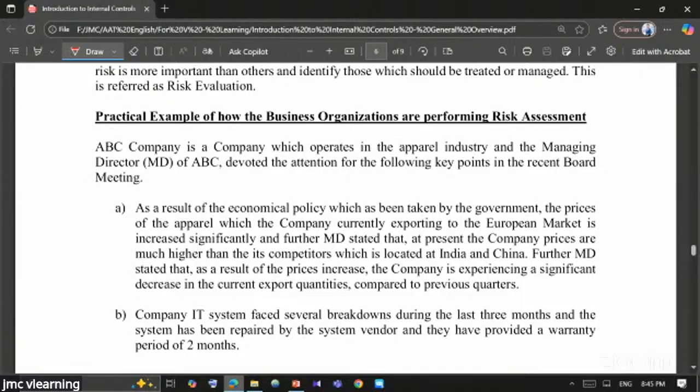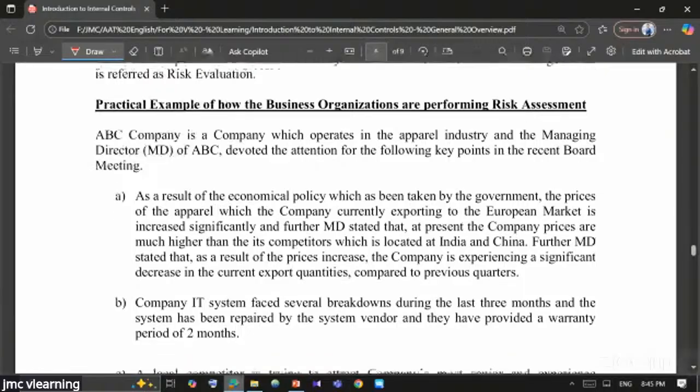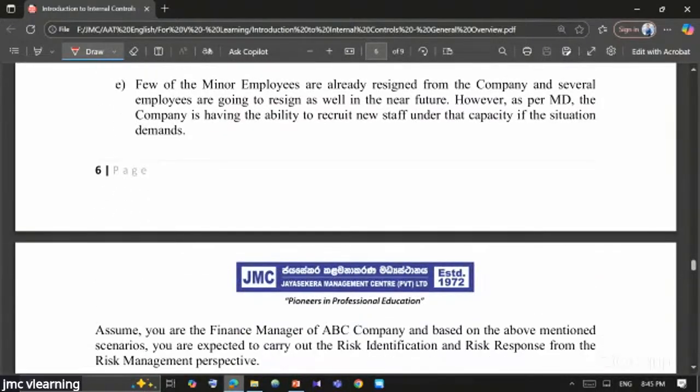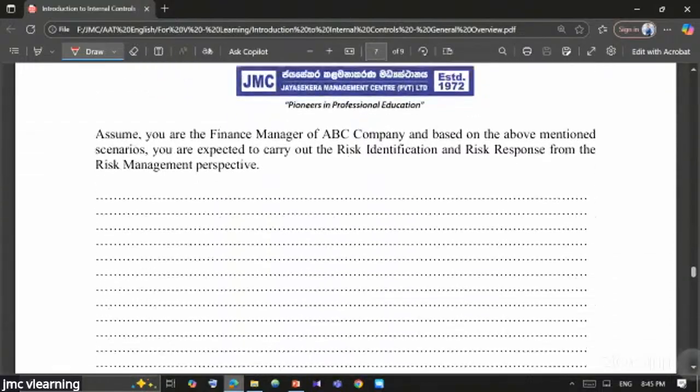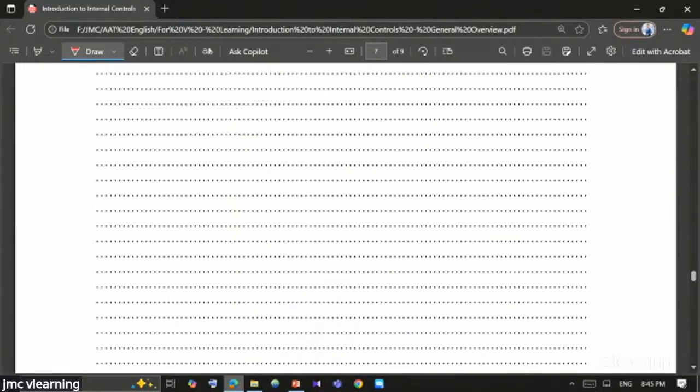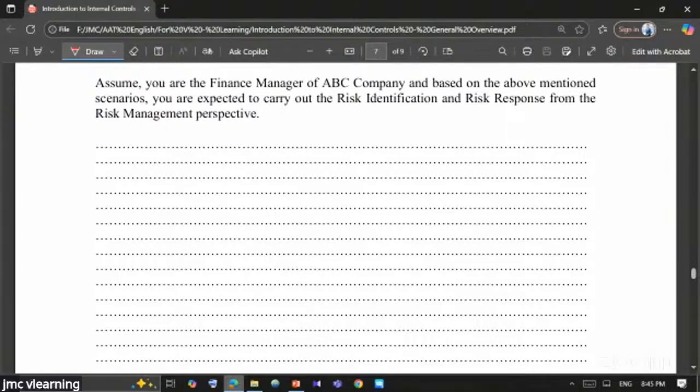Okay, right. So we'll go to the question first. The question says what? Assume you are the finance manager of ABC company, and based on the above mentioned scenarios, you are expected to carry out risk identification and risk response, right? So rather than risk identification, we'll say risk assessment.